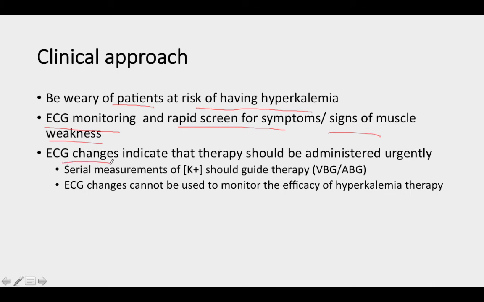And ECG changes will indicate that you should be administering therapy urgently and that you should be getting a venous blood gas or arterial blood gas as quickly as possible to get a rapid reading of what the K might be. But the ECG changes should not be used to monitor the efficacy of your hyperkalemia therapy.